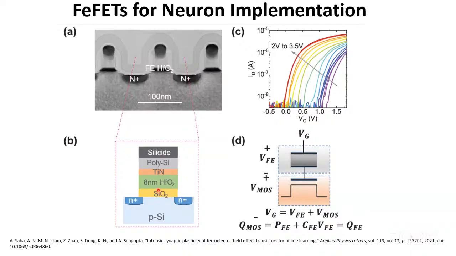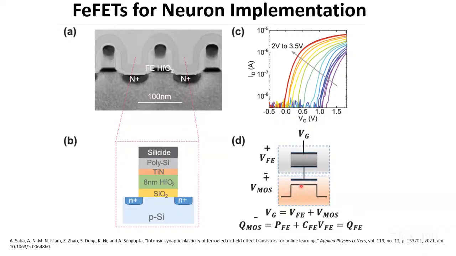This HfO2 layer is not there in conventional CMOS, and in high-K metal gate you have the HfO2 layer, but it is not doped with zirconium. So if you incorporate this gate, the normal FET becomes a ferroelectric FET. This is a model of a ferroelectric FET.